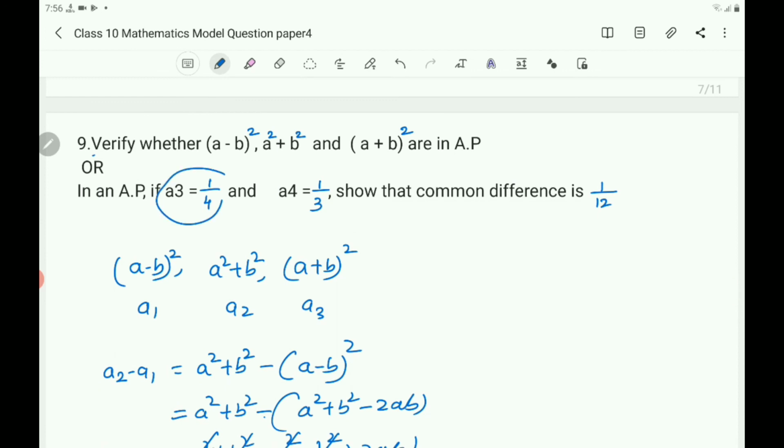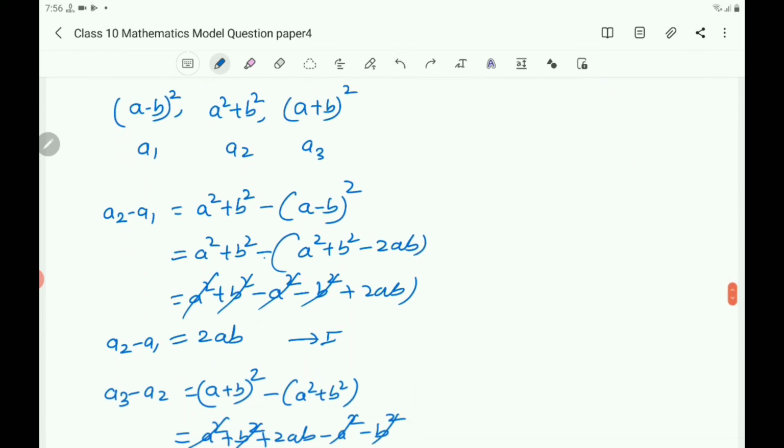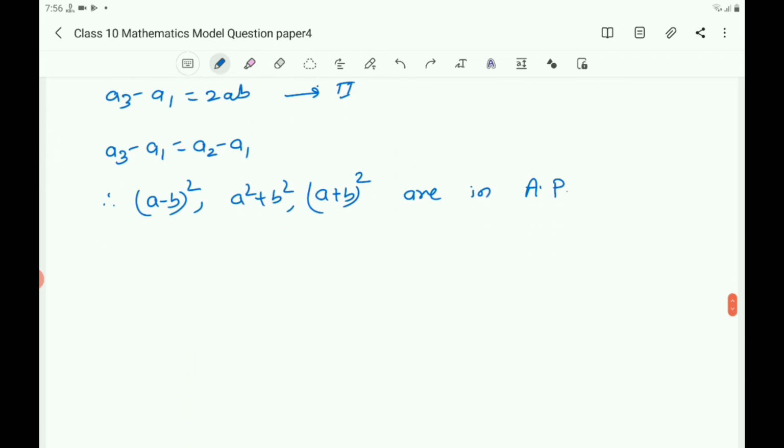A3 equals 1 by 4, a4 equals 1 by 3. And here what you have to show? We have to show that common difference is 1 by 12. You can use one relation, that is directly there is a formula for D if two terms are given.